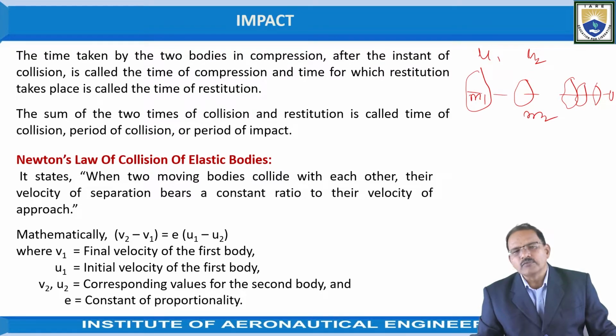After the collision, V2 has the greater value, hence the velocity of separation is V2 minus V1. According to Newton's law, V2 minus V1 has a constant ratio with the velocity of approach, that is E equals (V2 minus V1) divided by (U1 minus U2). Here E is a proportional constant, also called the coefficient of restitution.